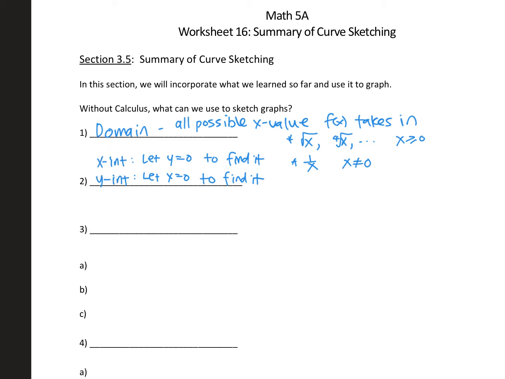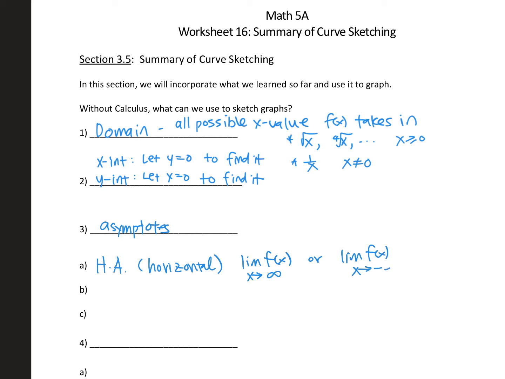The third thing we can find is asymptotes. We have a vertical asymptote and a horizontal asymptote. HA stands for horizontal. That's when we take the limit of f of x as x goes to infinity, or the limit of f of x as x goes to negative infinity.